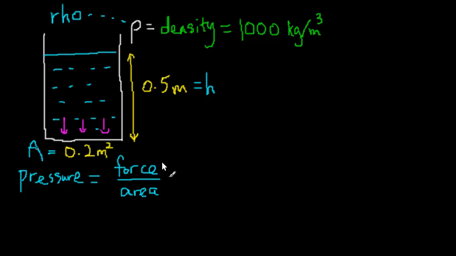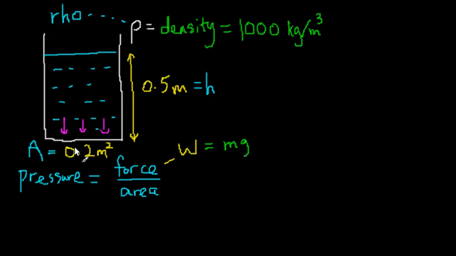But what is the force? Okay, the force in this case is the weight. It's the weight of this water. It's the weight. And from this information, how can we find the weight? Right. Can we find the weight? Now weight, we know, is equal to mass times acceleration due to gravity.